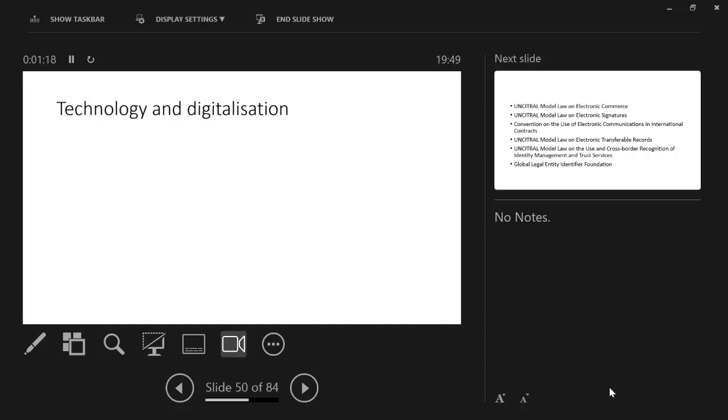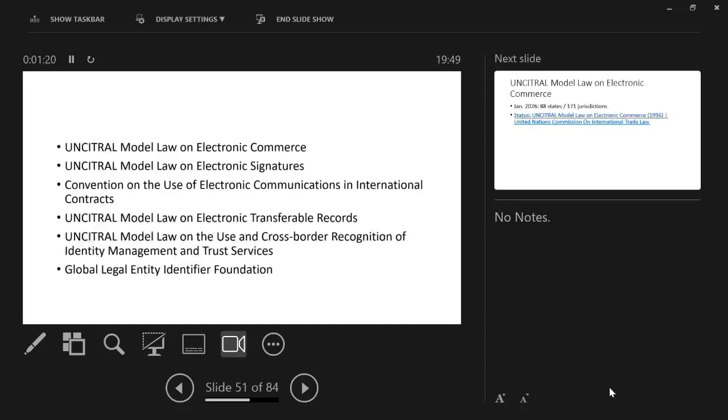So, if I wanted to highlight key pieces that we're going to see, but in particular those that relate to what we're talking about today around sales of goods, these are some of the highlights. The first, the UNCITRAL Model Law on Electronic Commerce. Note that this is different.